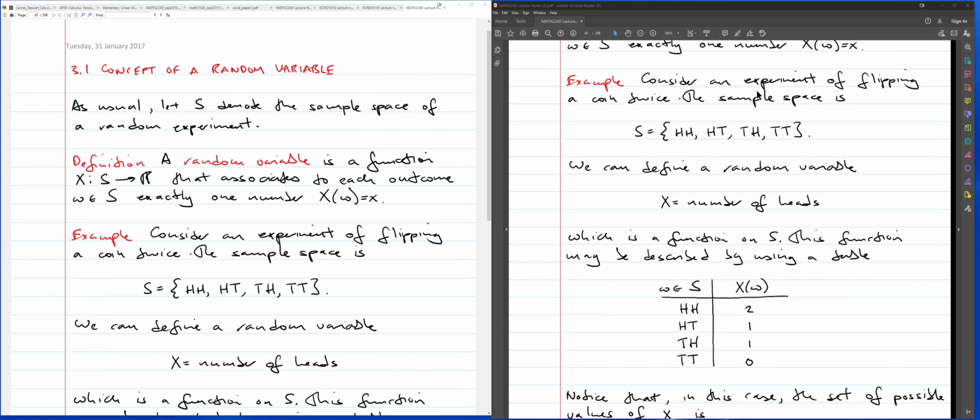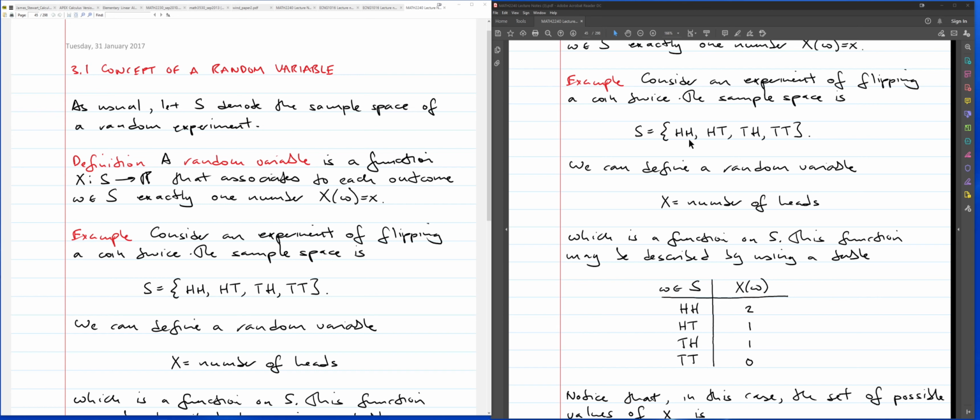For example, let's say I do my experiment and I get head tails. In that case, the value that I get for this random variable, the number of heads, would be 1. Likewise, for this one over here, the number of heads is 1. And for this outcome over here, the value of X is 0.